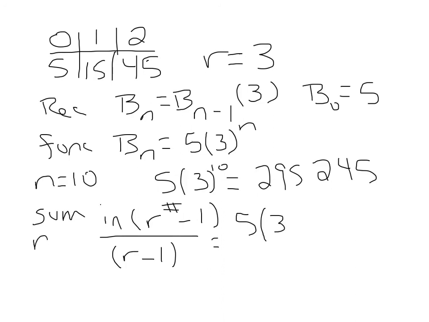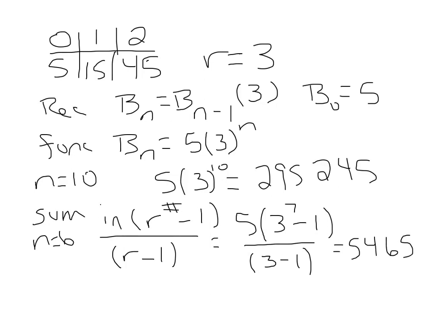Number of terms, again, you want to go to n equals 6, and you're starting with n being 0, so that will be 7 terms minus 1 divided by 3 minus 1. So 3 to the 7th is 2,187 minus 1, multiply by 5, divide by 2, and get 5,465.